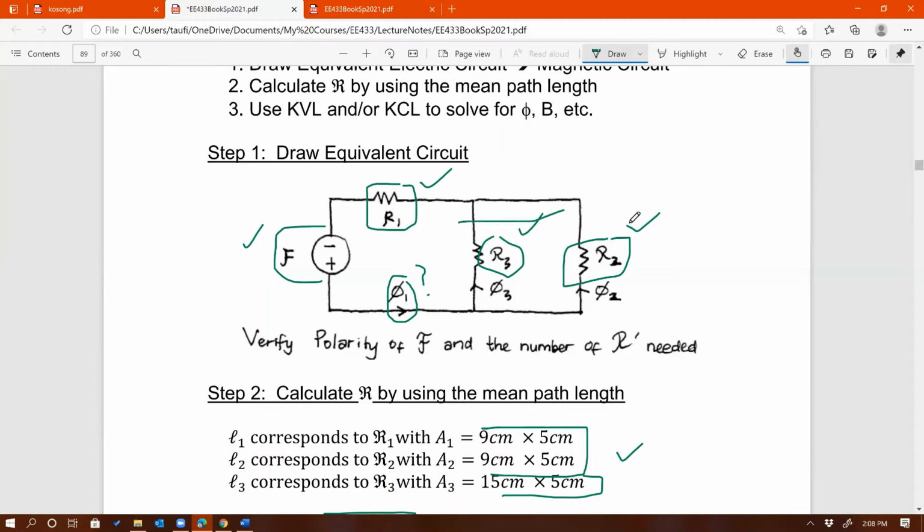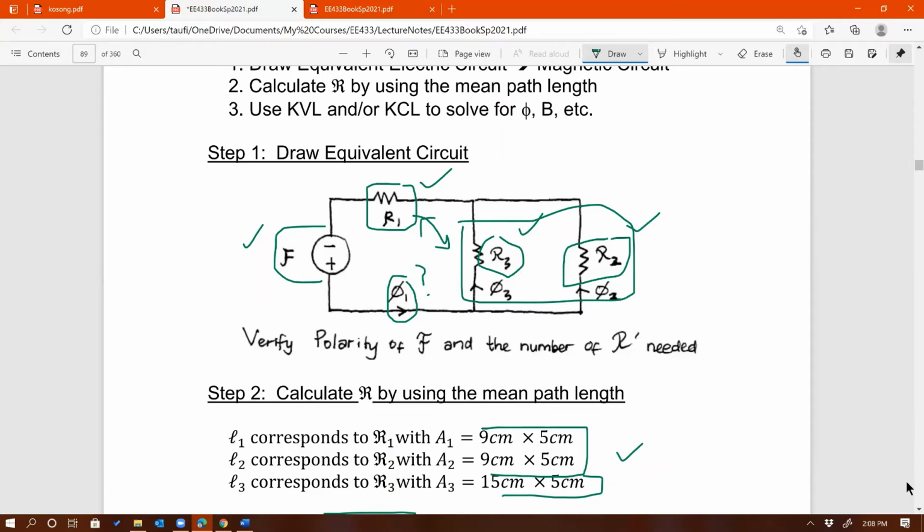You can see from here, these two are in parallel, so I could combine those into one single resistance, then I could put those two in series. Once you transform those three into one single equivalent resistance, then you can just do Ohm's law to get the current. I is equal to V over R total in this case.